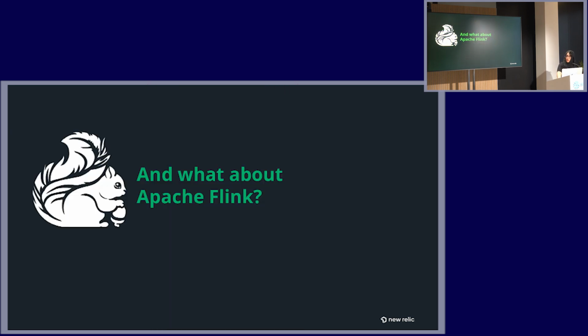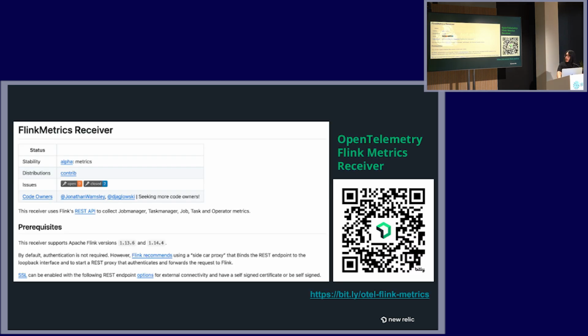Okay, so now let's move to Apache Flink, because we said we're going to monitor and observe all the things related to Apache. We have the OpenTelemetry Flink metrics receiver, which makes it easy to monitor Apache Flink.